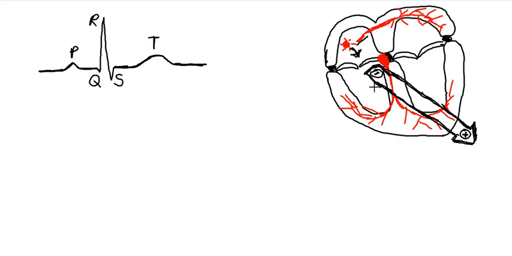This is also the direction of the cardiac vector, and thus it will produce a positive deflection on the ECG machine and thus a positive wave, the P wave.